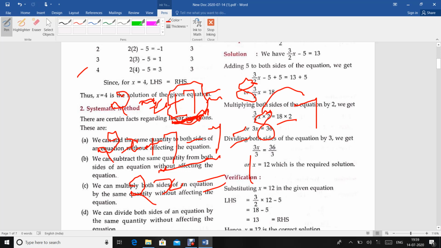Now you can see that here 2 is in multiplication with x, so you need to divide. This time you need to divide by the same value. Means you need to divide the left hand side by 2, because x is multiplied by 2.